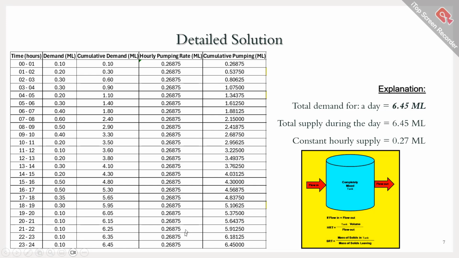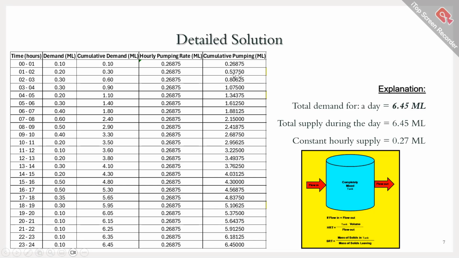Now, after putting the value of the hourly pumping rate in megaliters, we are calculating the cumulative pumping rate. Similarly to how we calculated the cumulative demand, you have understood, I guess. The first hour's pumping rate is 0.27, which we have put here. The second hour will be 0.27 into 2, this plus this, which is the second hour cumulative.